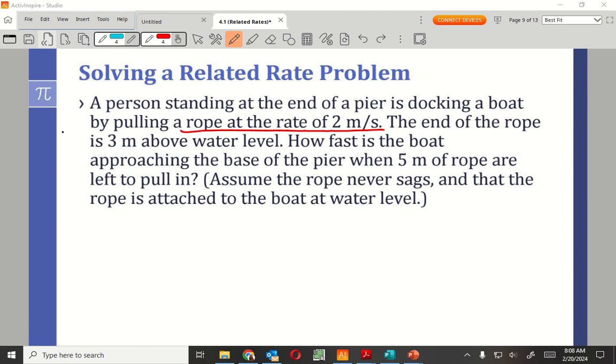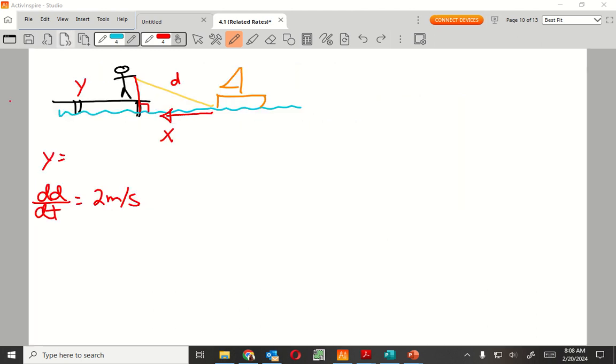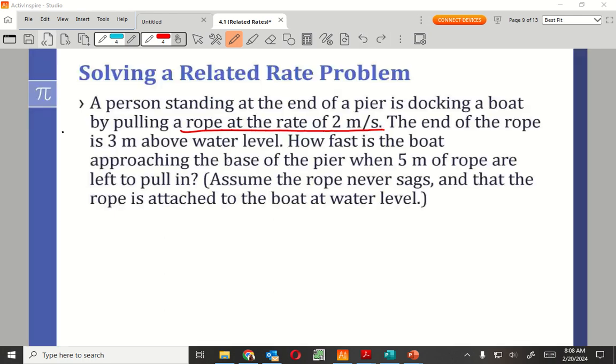The end of the rope is 3 meters above water level, so that means that Y is 3 meters. How fast is the boat approaching the base of the pier?